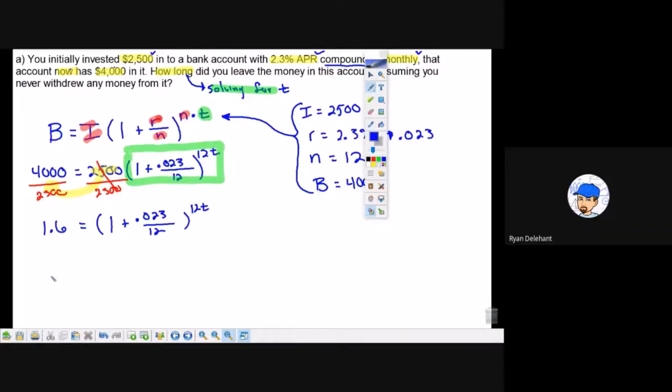So let's write this in logarithmic form. The base, this crazy thing inside the parentheses, is the base of the log. This is 1 plus 0.023 over 12. This goes inside here, because we want to get this exponent by itself.